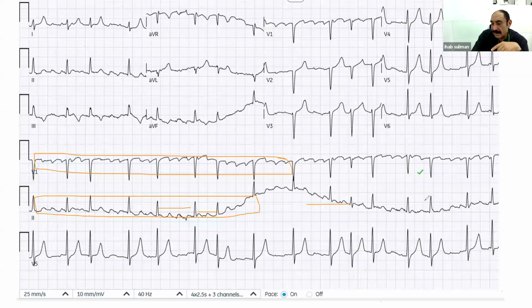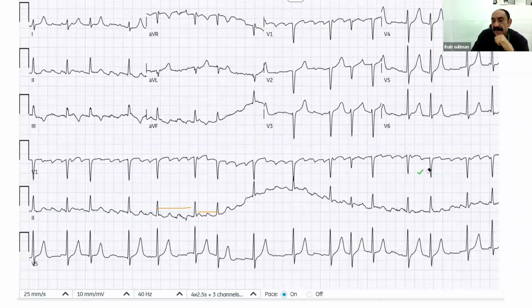So it is irregularly irregular. And this is a case of atrial flutter, sawtooth pattern. As I told you, the circuit is usually in the right atrium. The patient should be anticoagulated, as in case of atrial fibrillation. It is usually associated with mitral valve disease, and the patient needs to be cardioverted or have an electrophysiology study and ablation. So this is atrial flutter.